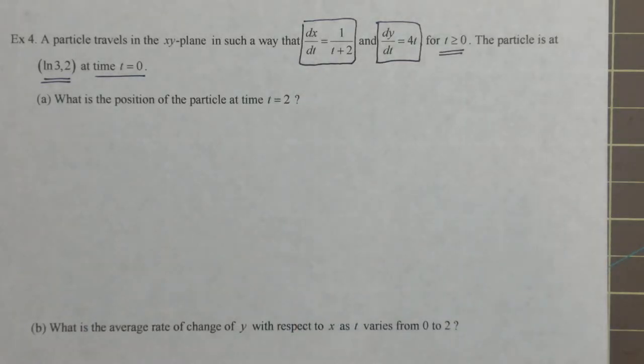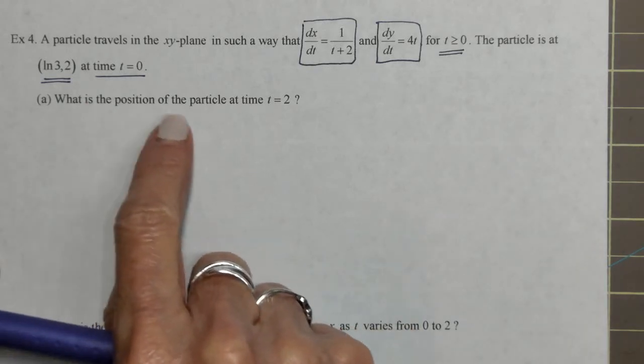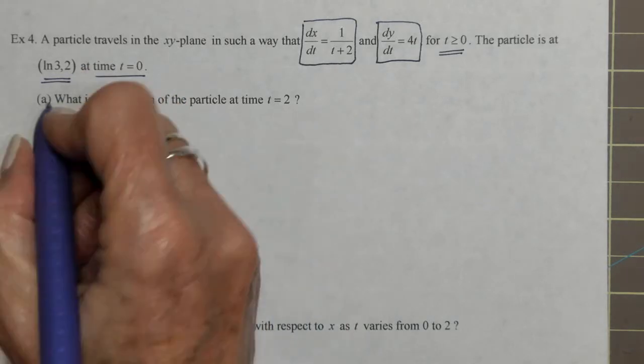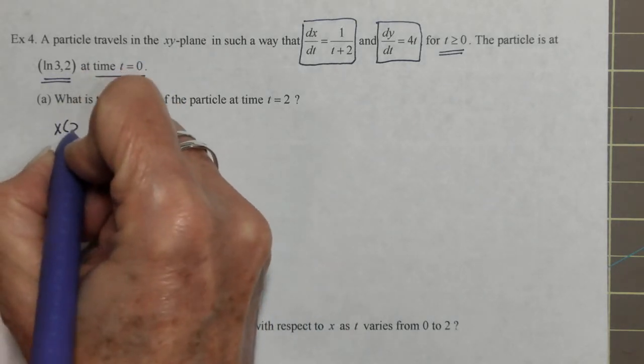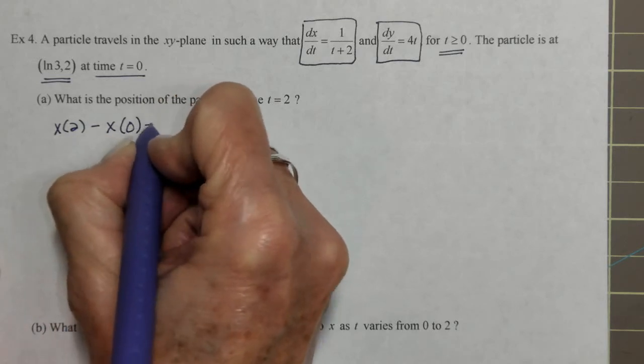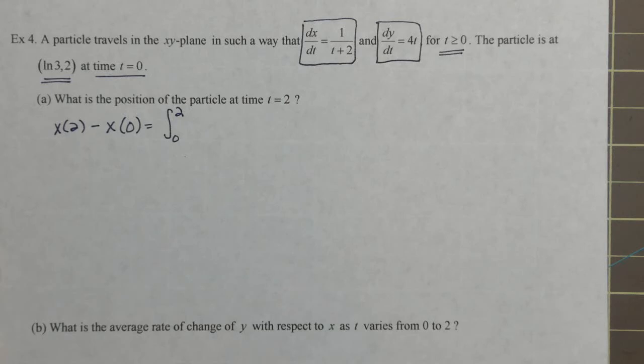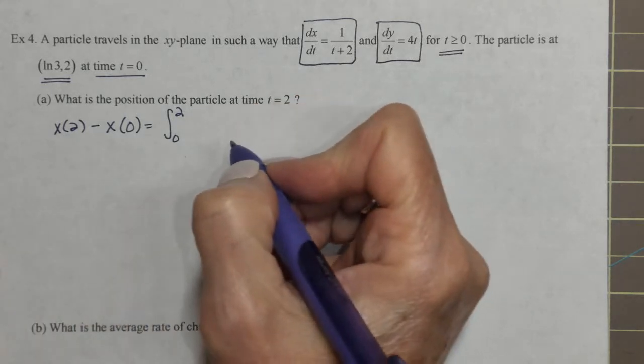So I'm going to set up the fundamental theorem for both the x-coordinate and the y-coordinate, because if we want the position, we want both. So the x-coordinate at time 2 minus the x-coordinate at time 0 is the integral from 0 to 2 of x prime.